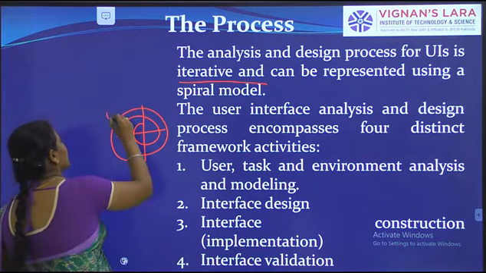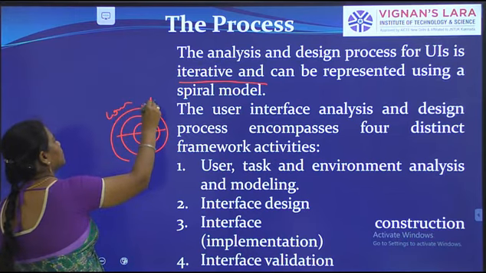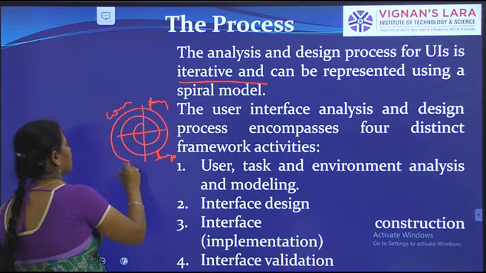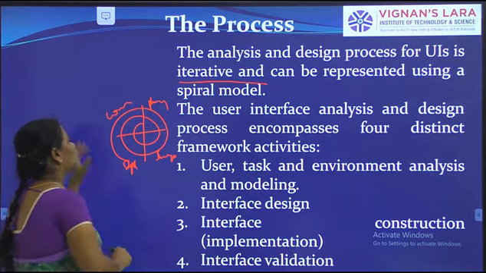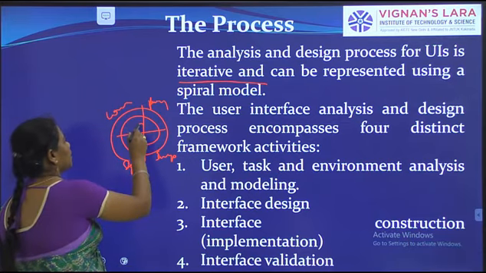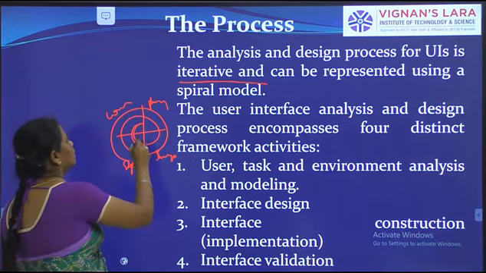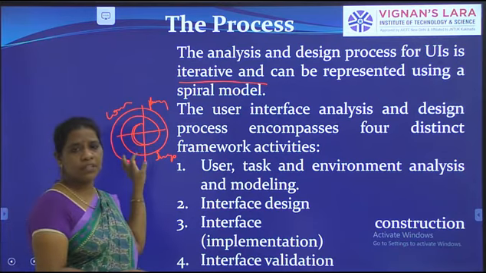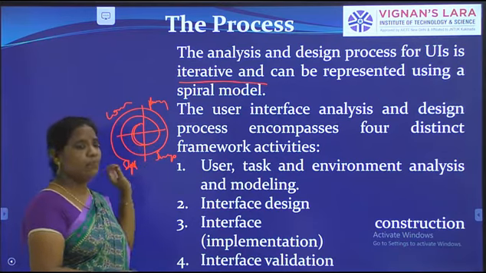So here is the communication, planning, implementation, and this is the deployment. So four parts. Okay. First it will go for the communication, then it will go for the planning, like the iteration model, and it will be represented using a spiral model.